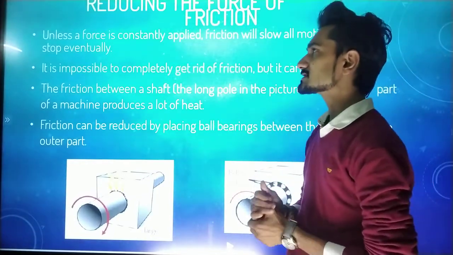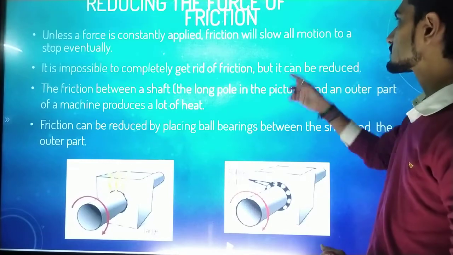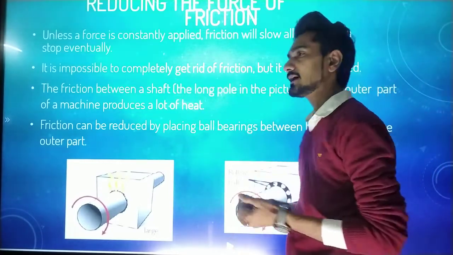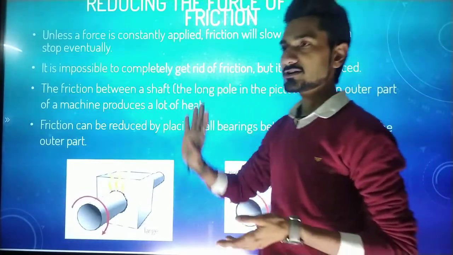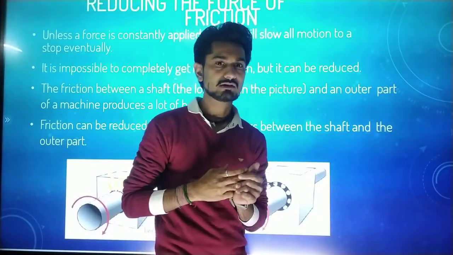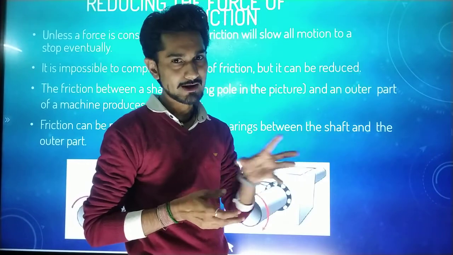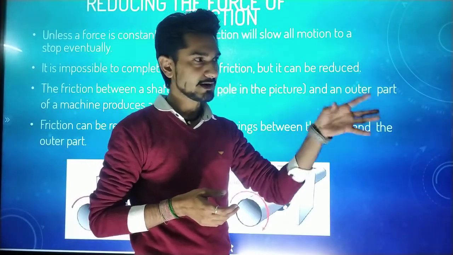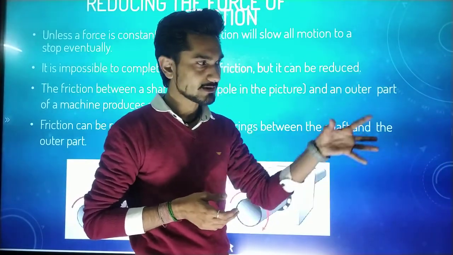Unless a force is constantly applied, friction will slow all motion, and after some time it will eventually stop. Like if we kick a ball, due to the friction force applied on it, it will stop at some point.